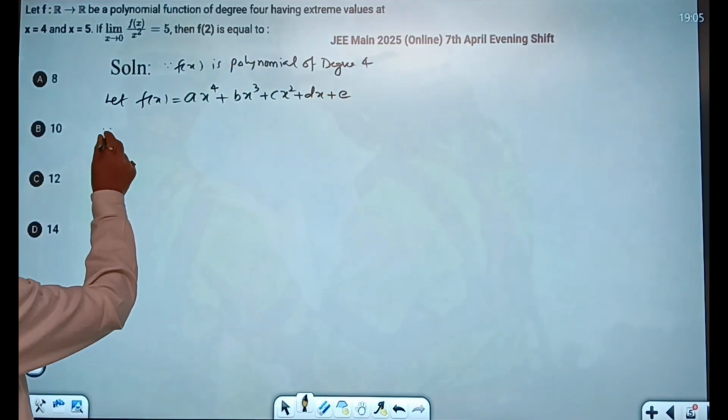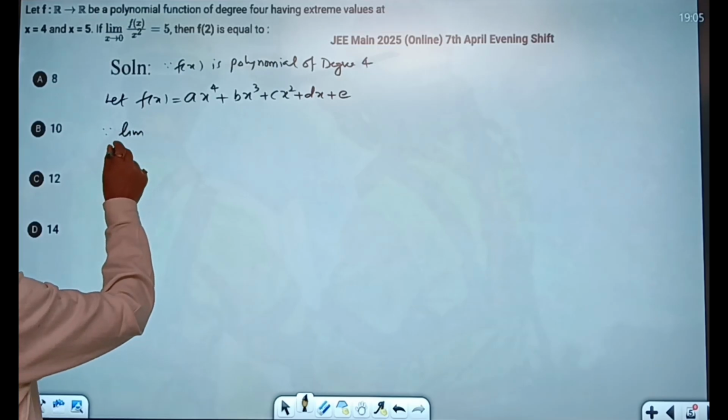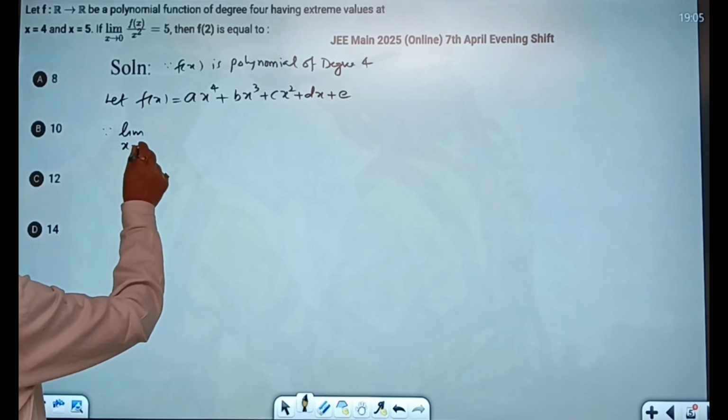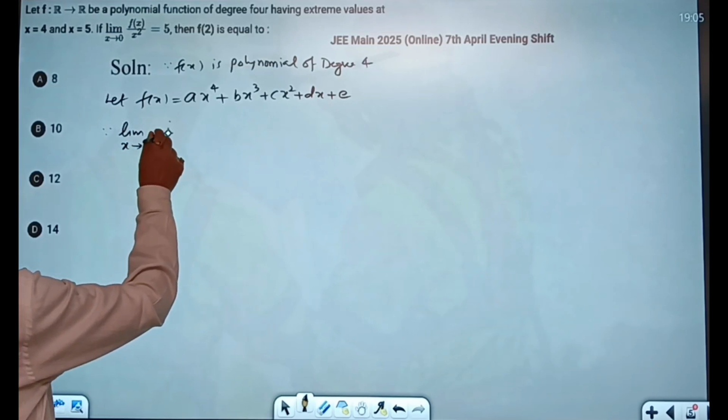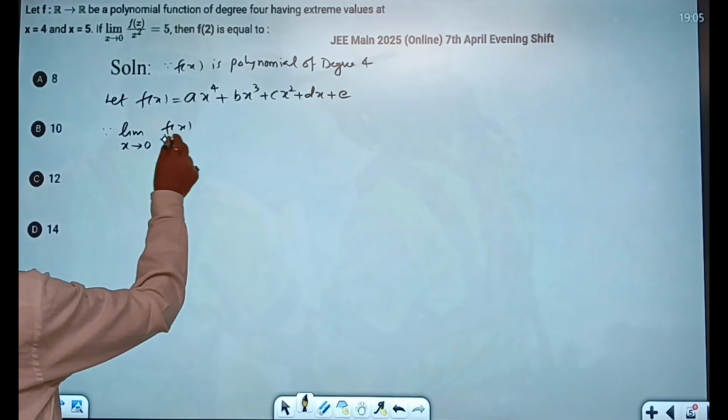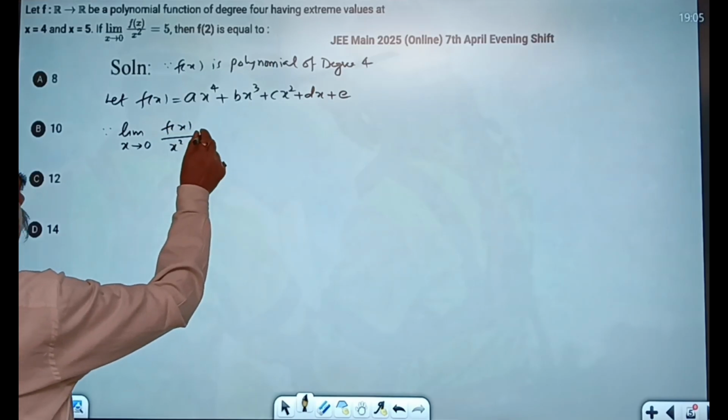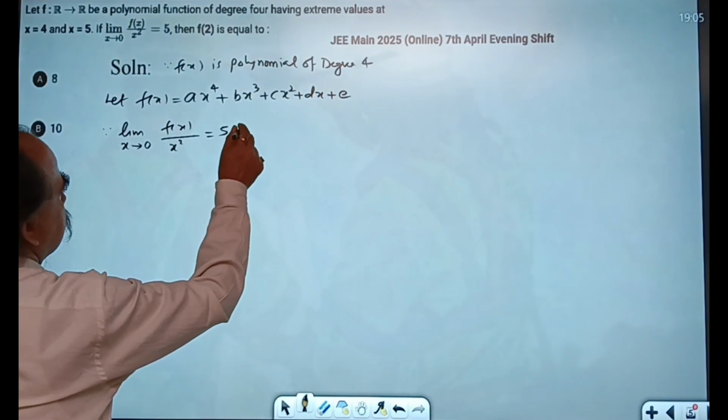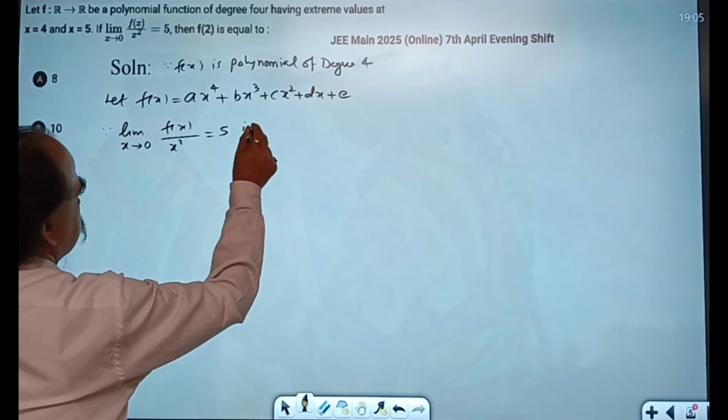Since limit x tends to 0 of f(x) upon x square is 5, that is, the limit exists.